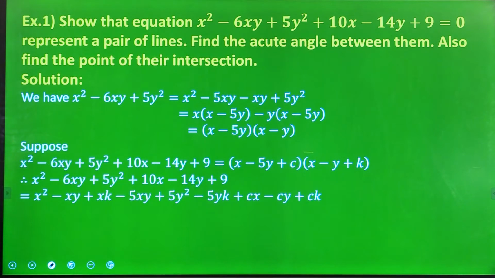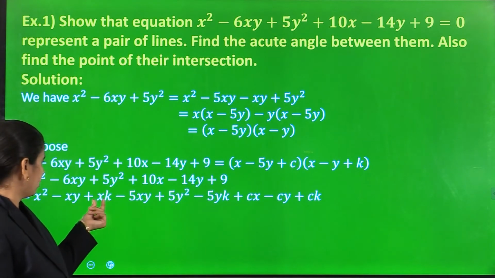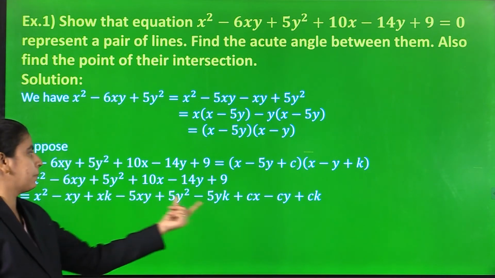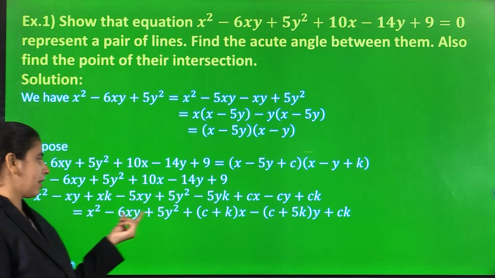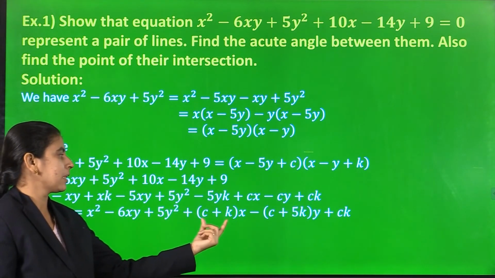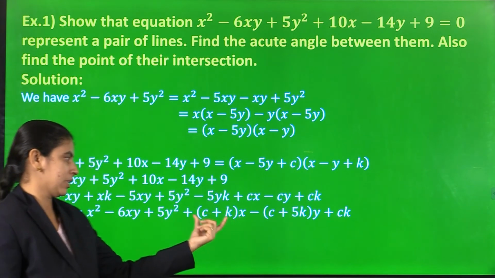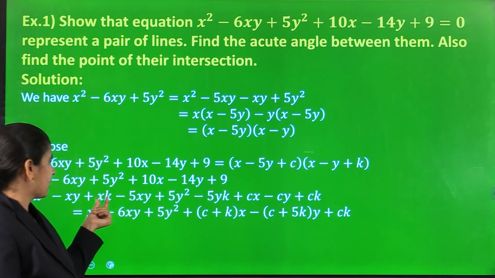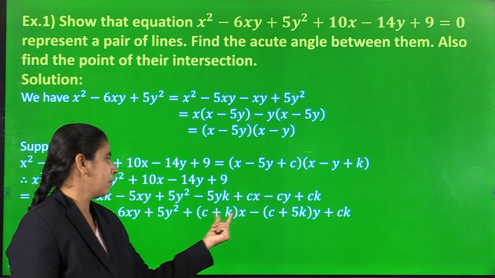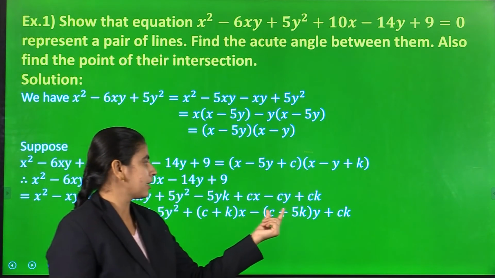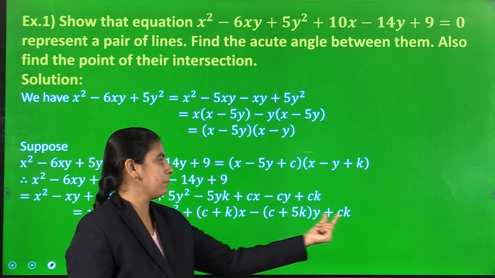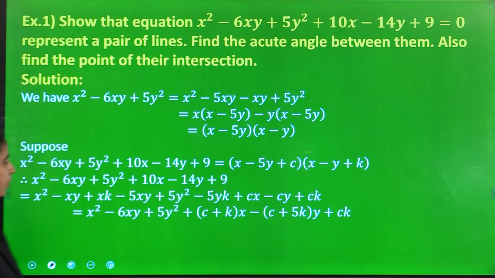Okay, now combine the terms of similar variables. So finally you get x square minus 6xy plus 5y square plus, by combining xk and cx and taking x common, c plus k into x, minus c plus 5k into y, plus ck. Okay, now we have the left hand side and the right hand side.